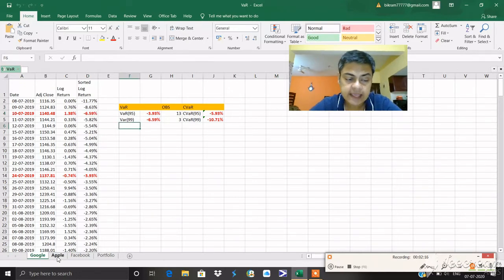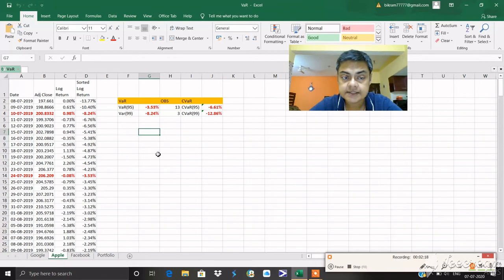We have done the same calculation for Apple. Since 1 minus 95% and 1 minus 99% are obviously the same, and we are multiplying with 252 days of observations, in all cases the observation is coming to 13 and 3. So the third observation is for VAR 99%, and the 13th observation is for VAR 95%.